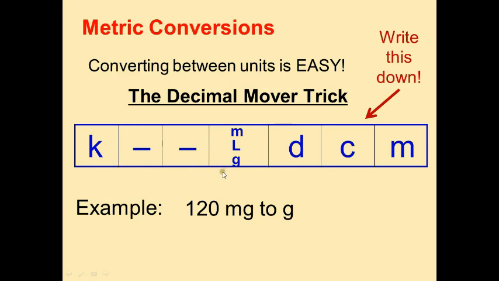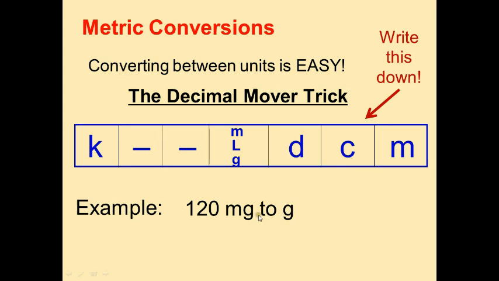For the decimal mover trick, all you have to do is find where your number goes. This is milli, so you would put it in the milli spot, and count how many places you have to move the decimal to get to the unit you want.